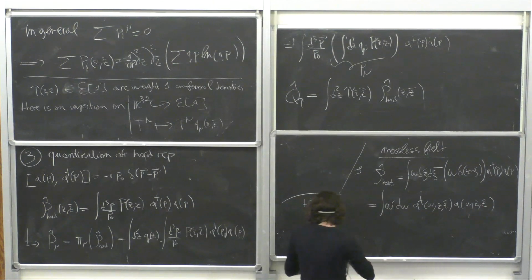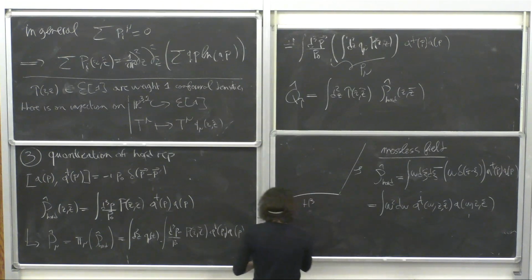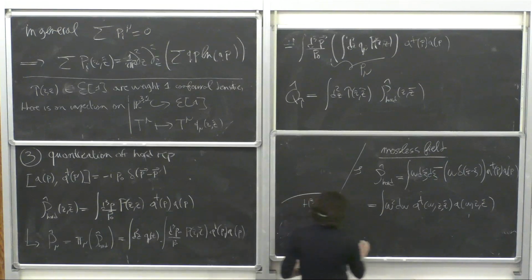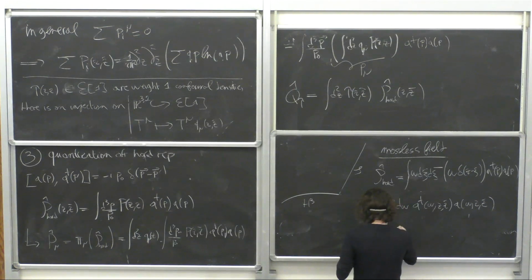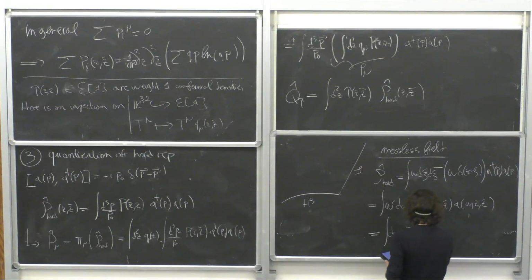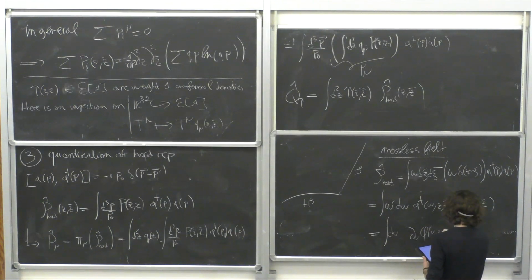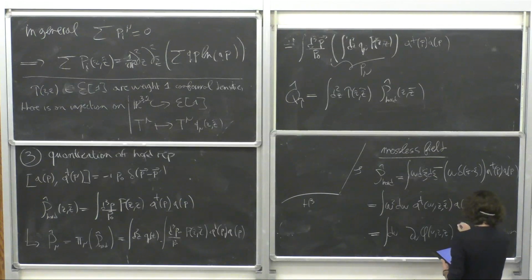Now if you use the dictionary with Carrollian fields, you will just find the news squared, the usual du of phi, u z z bar, squared.